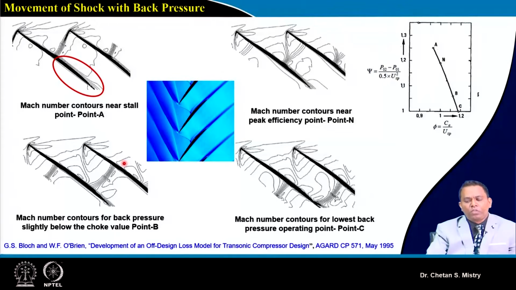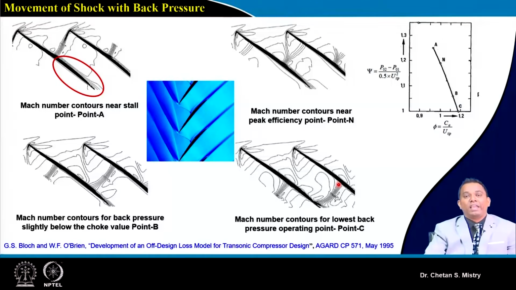Okay. Now in the case of point B, we can see this shock moving downside towards the trailing edge. Here somewhere we will have the flow getting choked under this kind of mass flow configuration. With a small change of my mass flow rate or change of back pressure, it may be possible that the shock will be standing exactly at the trailing edge, and there is no further increase of mass flow rate possible.